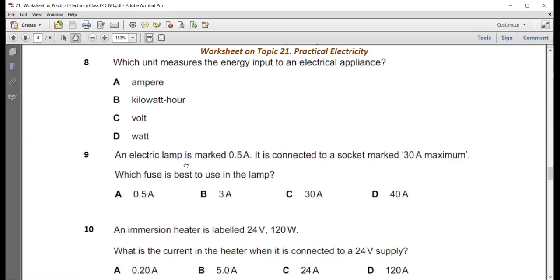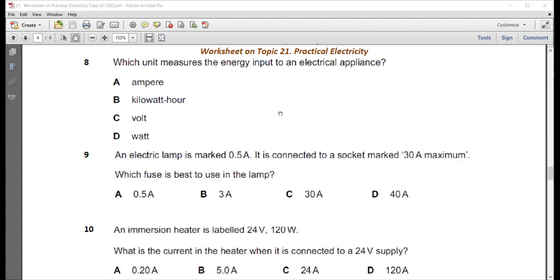We use the fuse to protect the lamp. Clear to you? Yes, sir. So 0.5A. Now we will decide later which one will be the appropriate one.